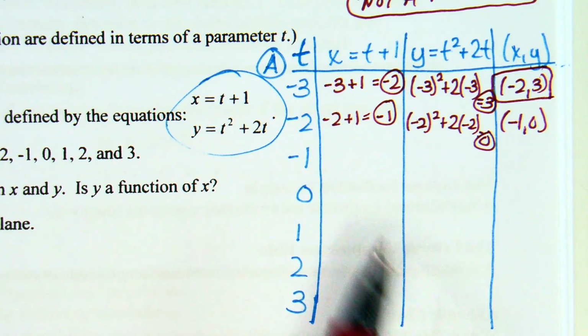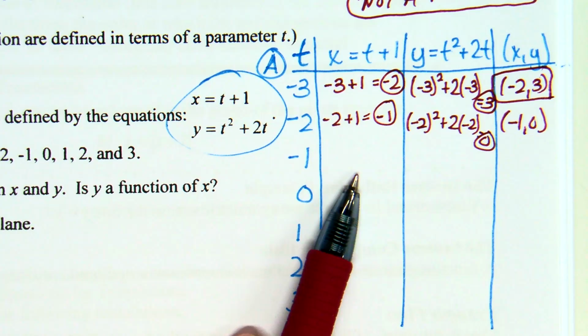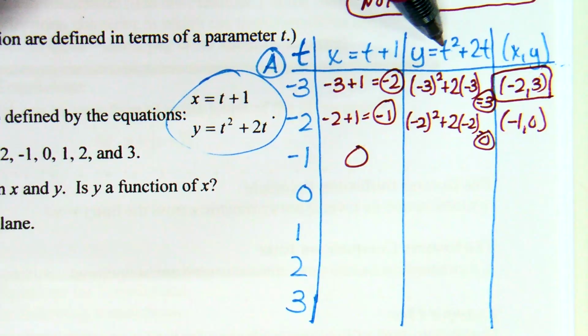For x, if you plug in -1, -1 plus 1 is 0. Plug in -1 for y. You end up with -1 squared, which is 1. 2 times -1, so -2. 1 minus 2 is -1. Ordered pair? 0, -1.